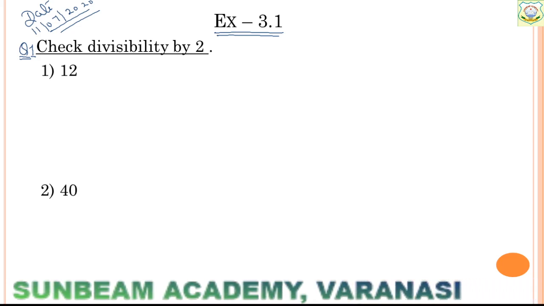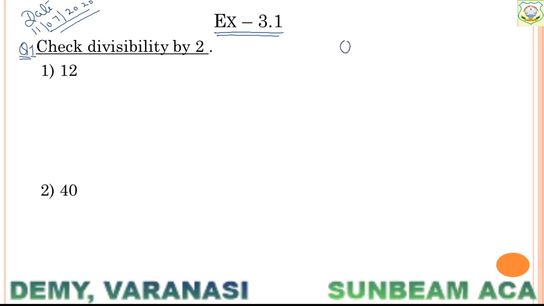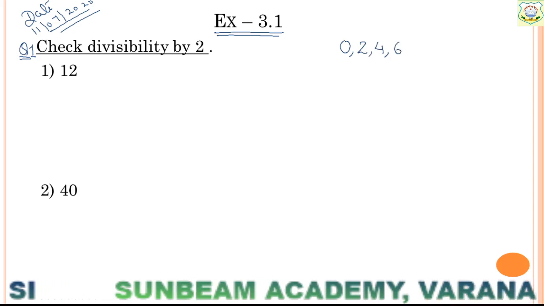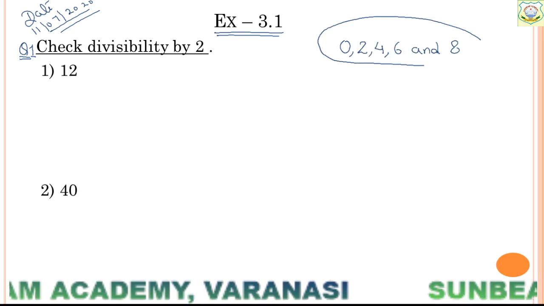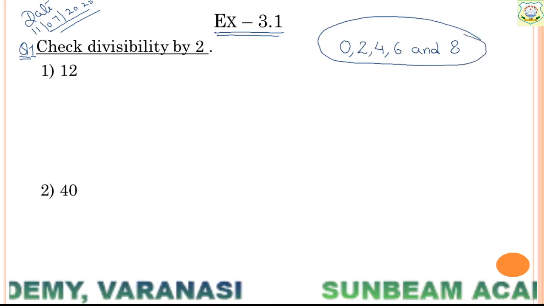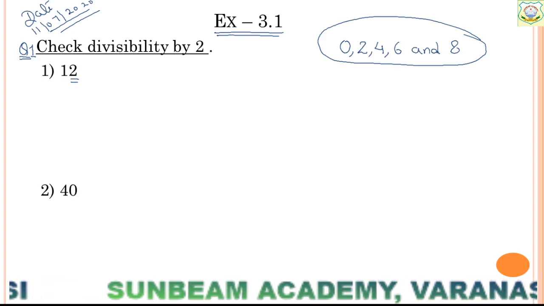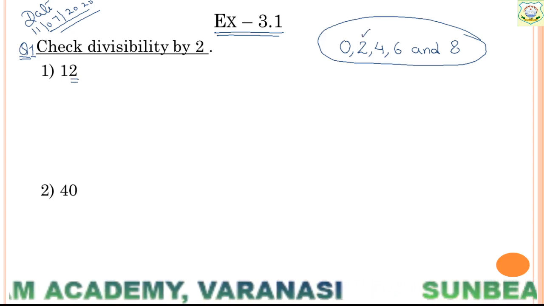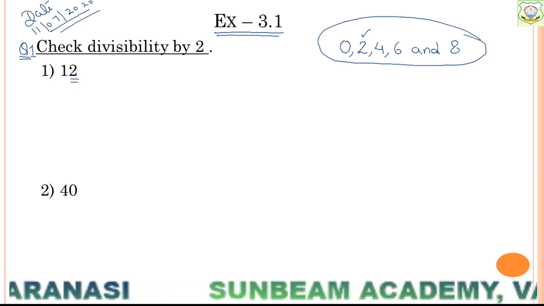The rule of 2 is: if the last digit is 0, 2, 4, 6 or 8, then only the number is divisible by 2. Now see here, the last place or ones place is 2. So that means it is divisible by 2.